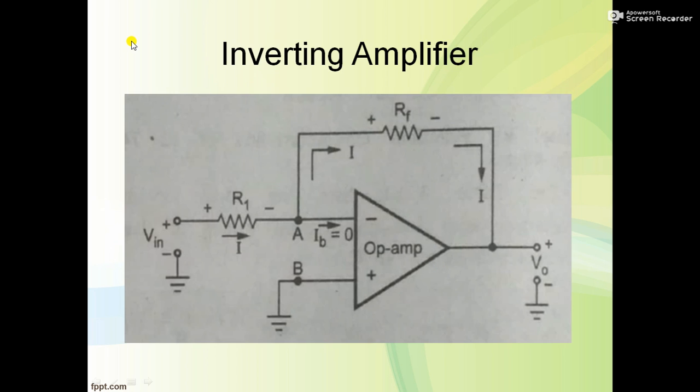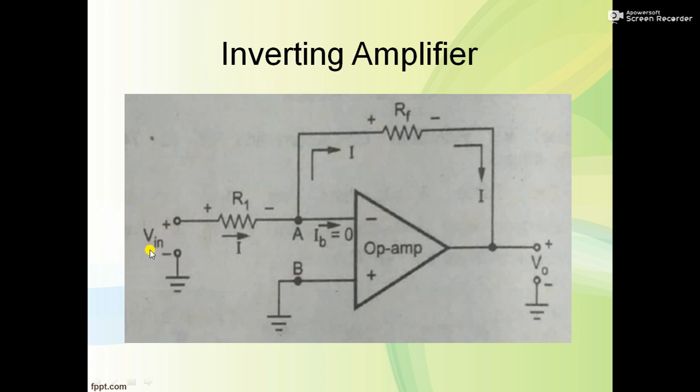Next, come to the different applications of the op-amp. The first one is the inverting amplifier circuit. In the inverting amplifier circuit, the Vin is connected to the negative terminal of the op-amp and the remaining terminal, positive, is grounded.